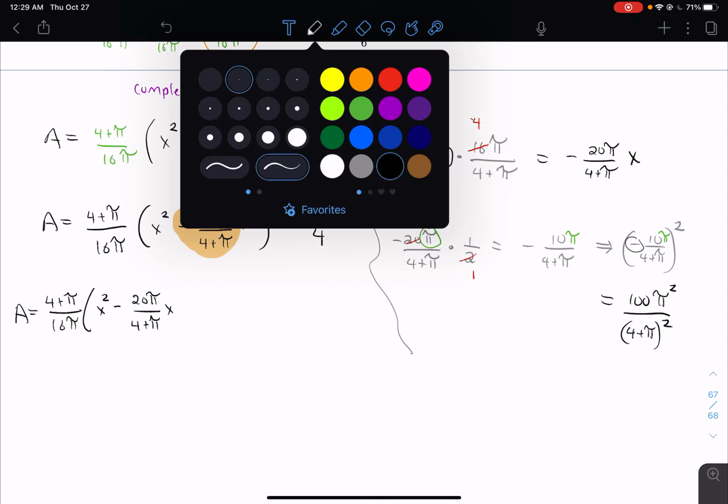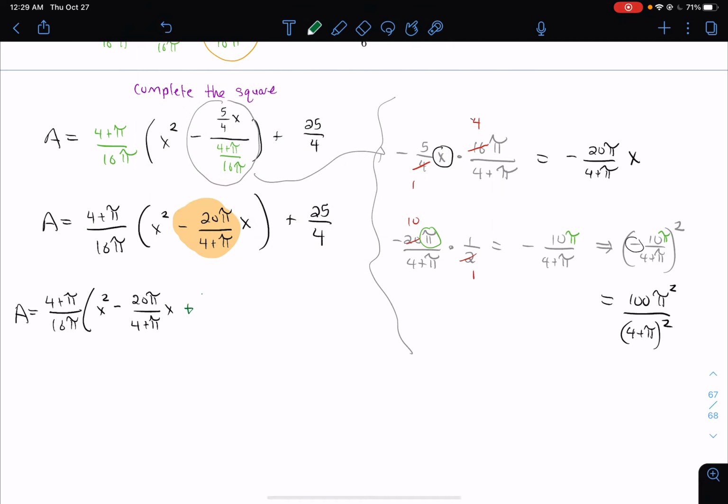And now I got to add the number I just got. I got to add 100 pi squared over 4 plus pi squared. And I got to subtract it, minus 100 pi squared over 4 plus pi squared. I got to subtract it inside the parentheses. Okay, cool. And then I still got the plus 25 over 4 at the end.